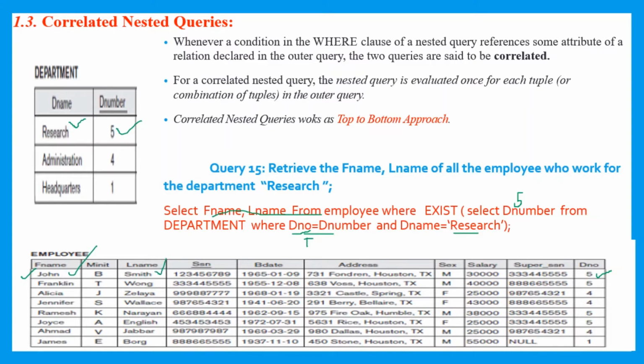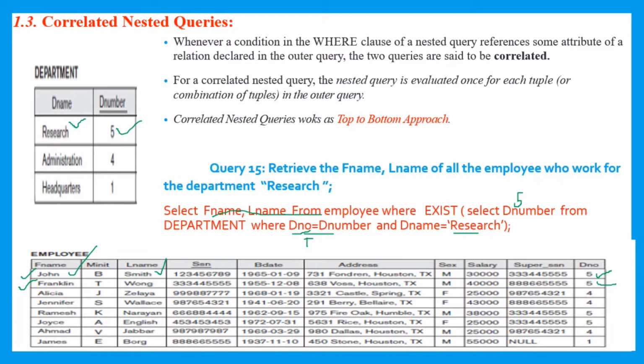Next, the outermost query is going to take the second row. Then it is going to check whether the value is available in the innermost query or not. The innermost query is going to take the D number from the employee table, 5, and the D number.